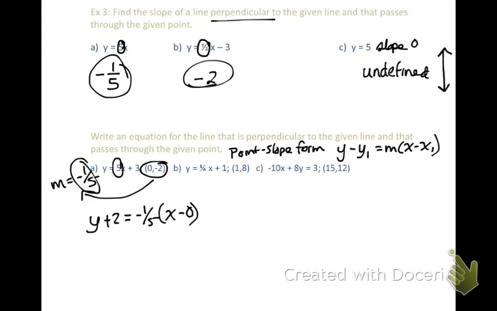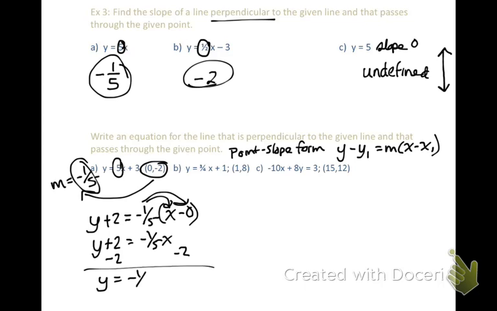And then we have to get it all the way to slope-intercept form, so I'm going to distribute. So y plus 2 equals negative 1/5 x, and multiplying by 0 gets you nothing, and then I subtract 2. So y equals negative 1/5 x minus 2.